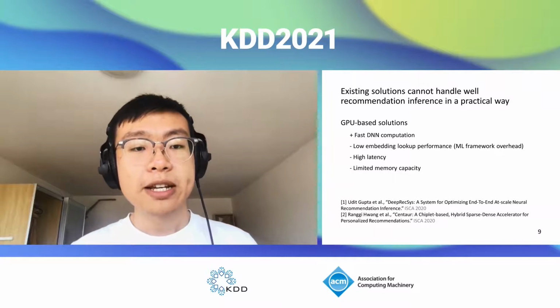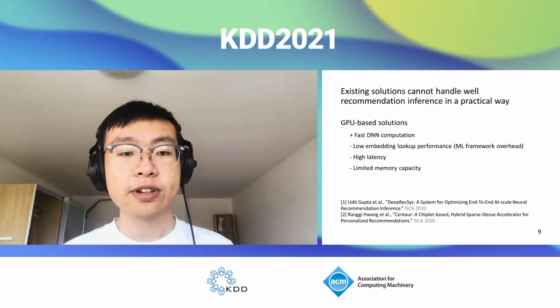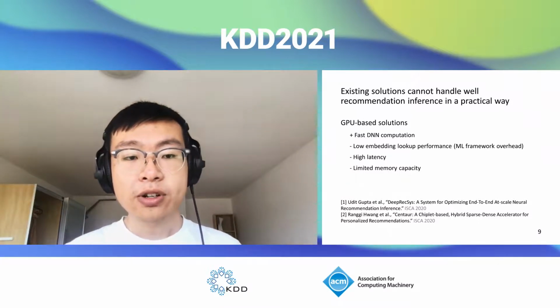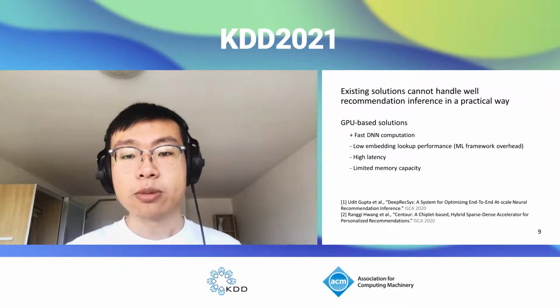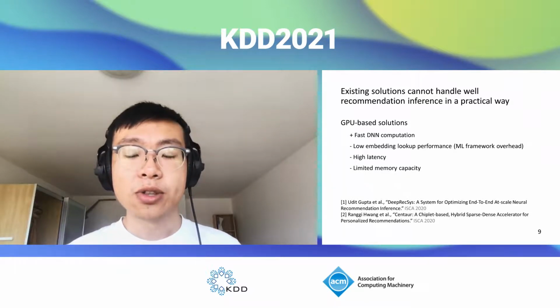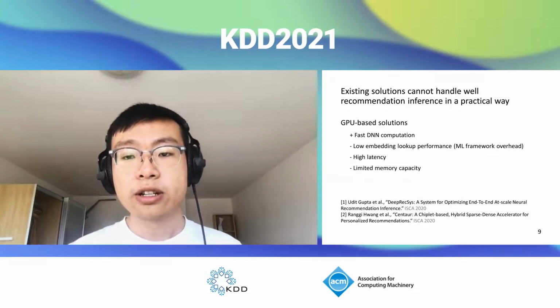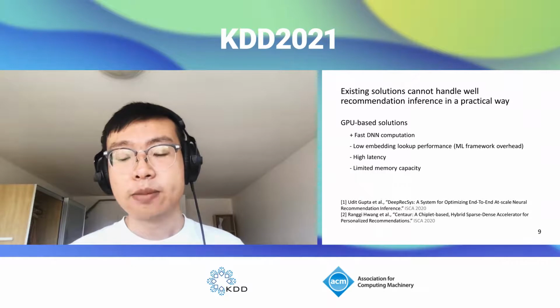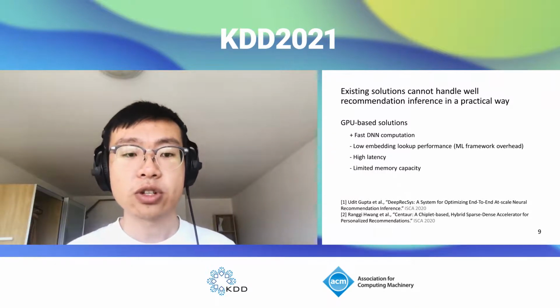One is GPU-based. GPU is known for its fast DNN computation. However, the embedding table lookup performance is not very good, although it has some high bandwidth memory. This is because of the machine learning framework overhead. The many operator calls are not friendly to the GPU SIMD infrastructure.